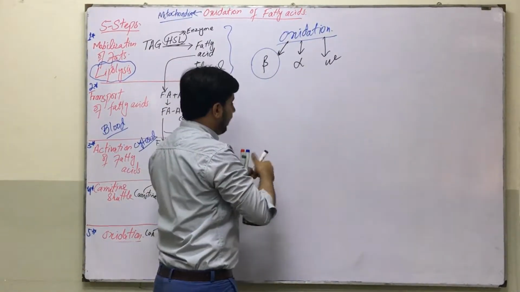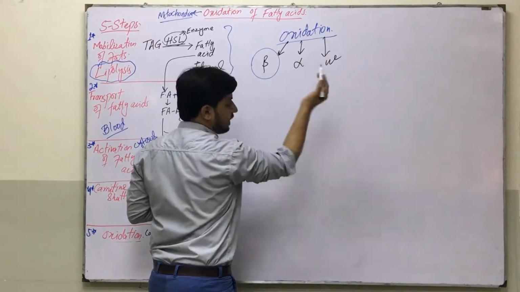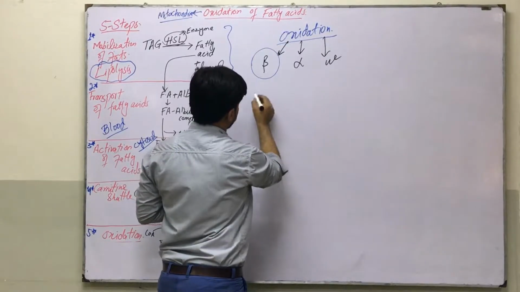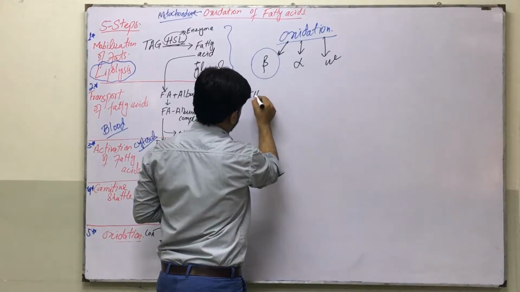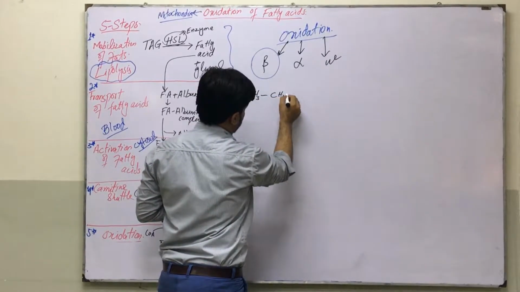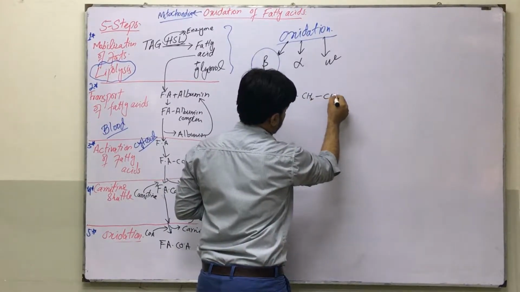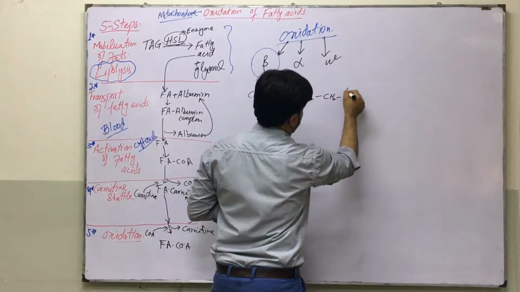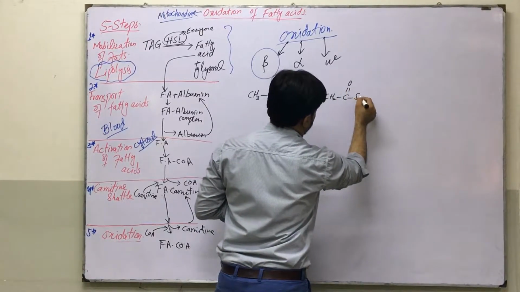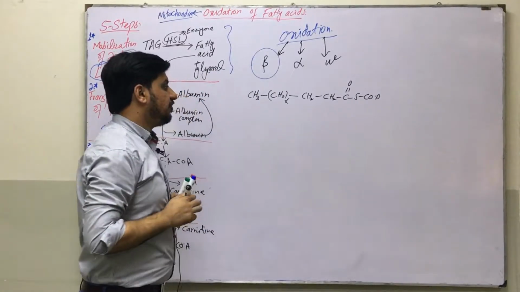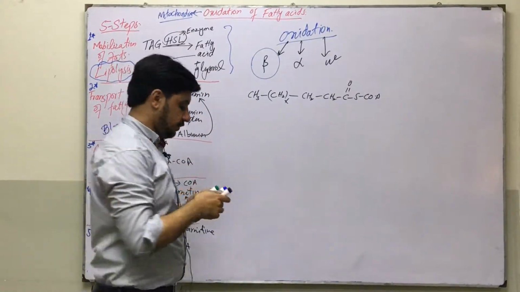For example, here we have a molecule of fatty acyl CoA, active fatty acyl CoA in the mitochondrial matrix, which is like this. This is the CoA portion. Now, first of all, why is it called beta oxidation?